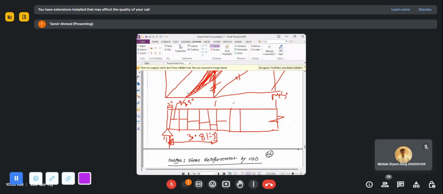Yes, so the maximum spacing, 9 inch, I will keep providing up to the location, okay, up to which according to ACI code you have to provide the stirrup.